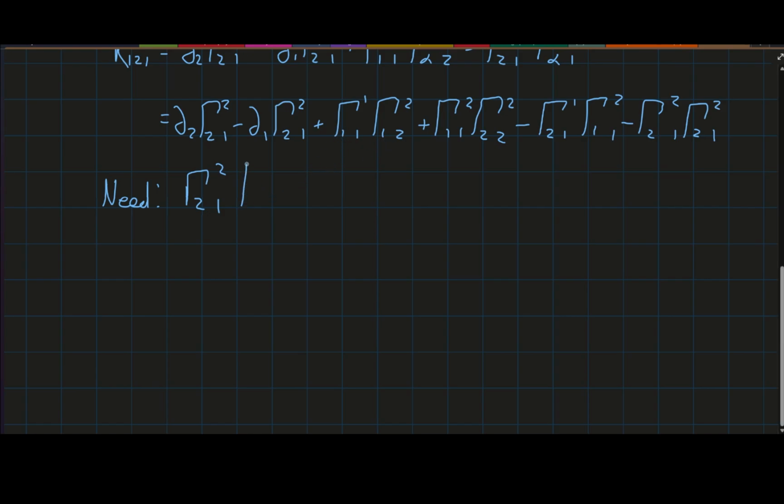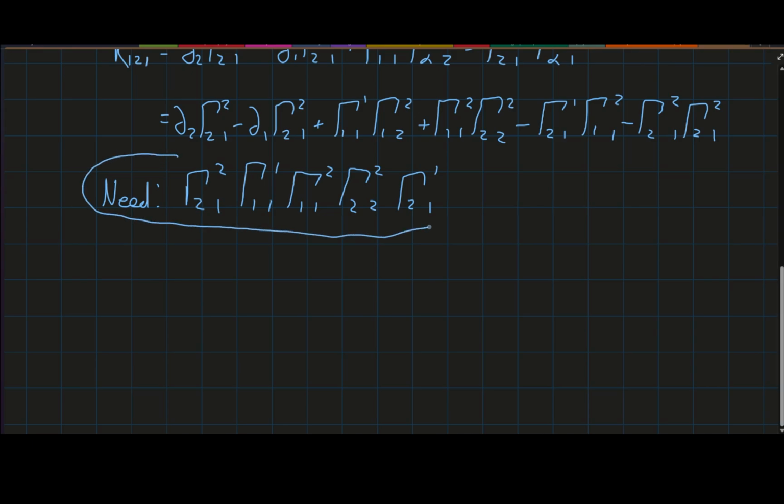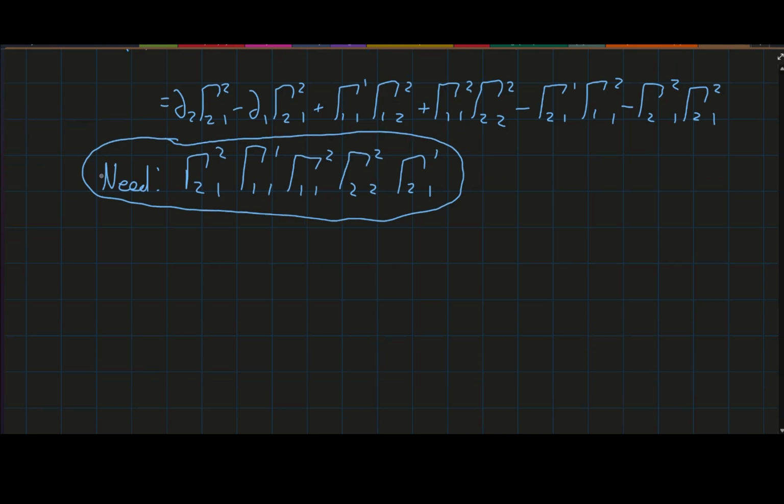But okay, so gamma 1 1 1 we will need, 2 1 1, 2 2 2. 2 1 1 we already have. 2 2 1 we already have. Okay, so these are the components that we need. So as the next step, we can just go ahead and start calculating these.